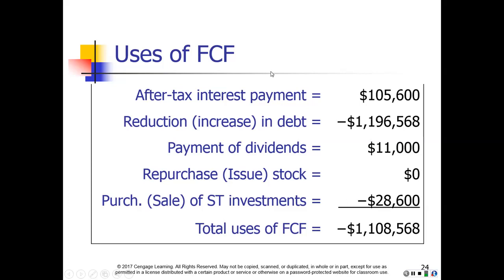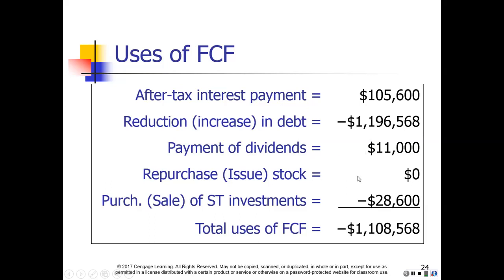We also had an increase in debt, and so it's a negative amount, because we basically got some cash flow. So we subtract it. There were dividend payments made, so we add that.